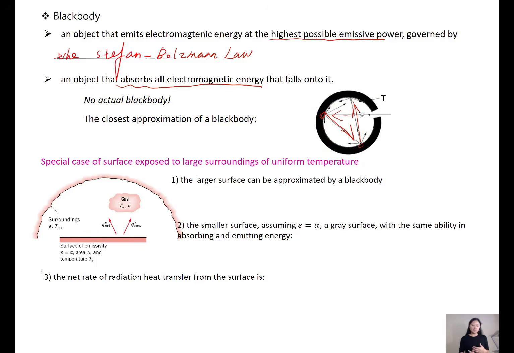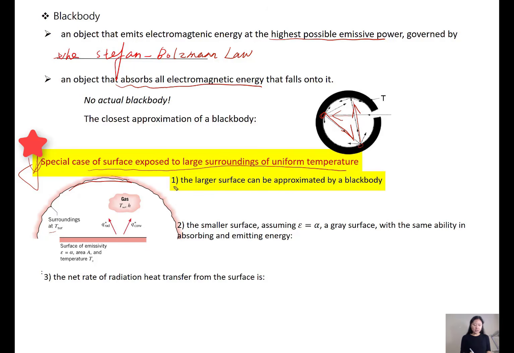So now let's look at a special and very important case of a small surface exposed to large surroundings of uniform temperature. We're concerned about the net rate of radiation heat transfer from the surface. So the larger surface, this one, can be treated as a black body because all the energy leaving the smaller surface eventually will be incident onto these larger surroundings.